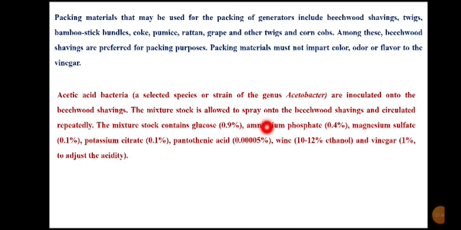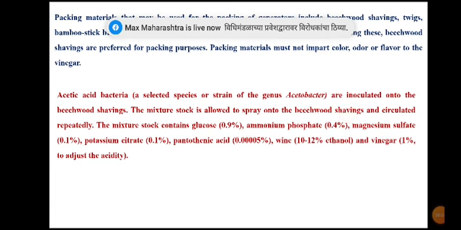Then this mixture is acidified, and for acidification there is addition of 1 gram percent of vinegar. So it will create a favorable environment for the growth of Acetobacter. This is the composition of the stock mixture which is sprayed onto the beech shavings.